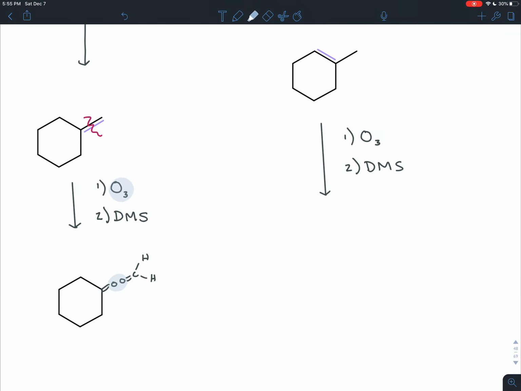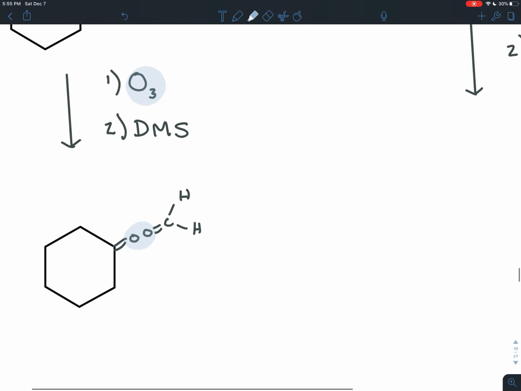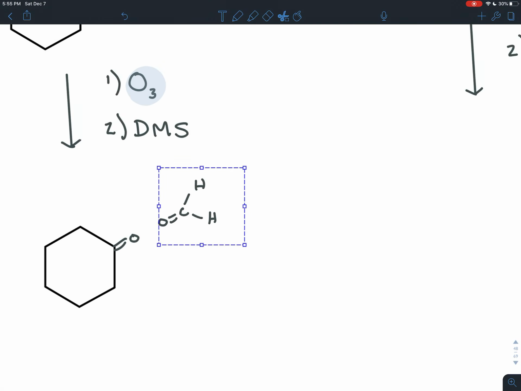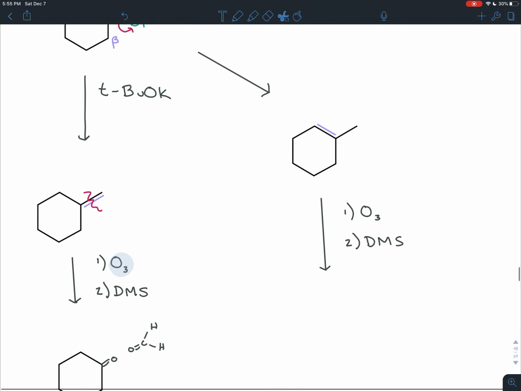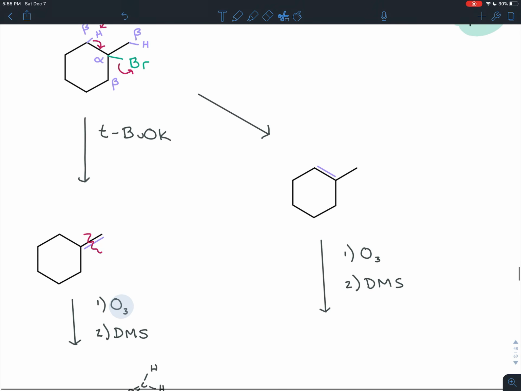So those ozone oxygens are the oxygens that form these carbonyls, or that get incorporated into those carbonyls. So that's what we would get if we did ozonolysis with that one alkene that we could make.